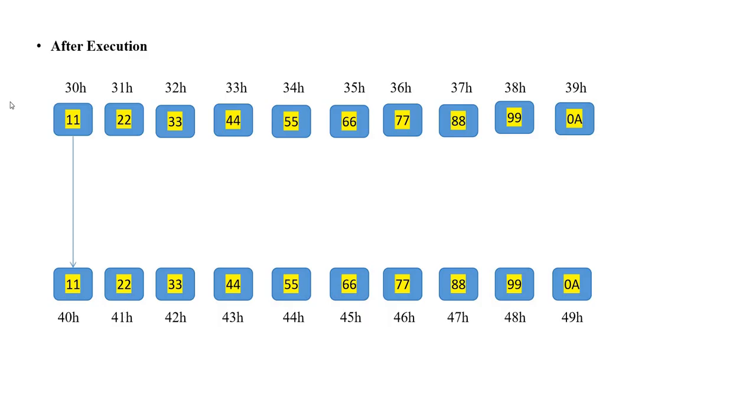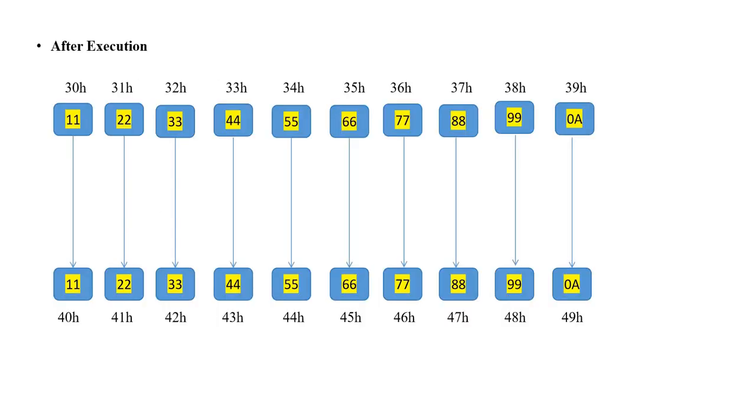The data present in 30H will be transferred to 40H. That is, 11 is in 30H, so it is transferred to, sorry, 40H. Similarly, 22 is transferred from 31H to 41H, then 33 from 32H to 42H, and so on up to 39H, where the data 0A is transferred to 49H.